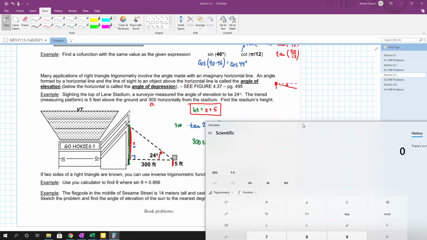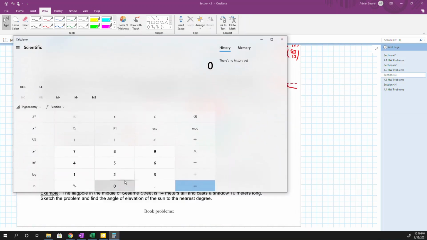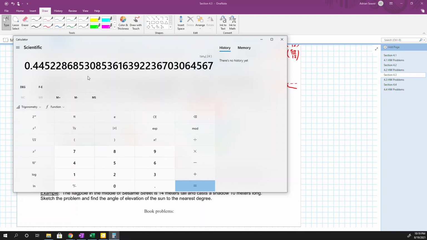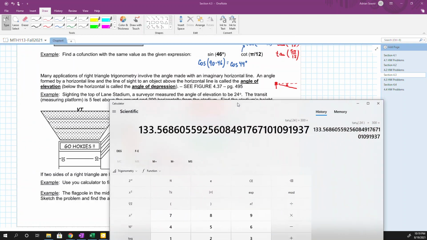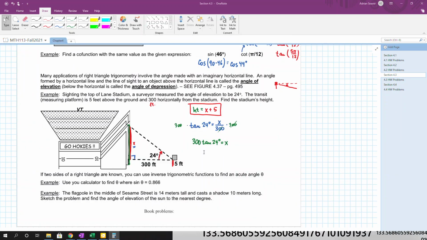So I come in here and say 300 times the tangent of 24, and I'm in degree mode. So that's the tangent of 24, and I want to multiply that by 300. I get 133.57. So x equals 133.57.